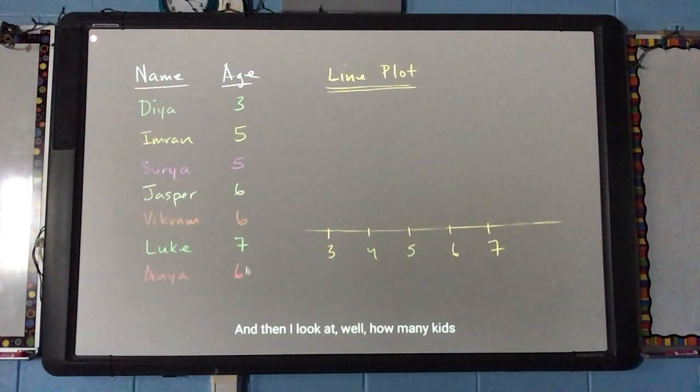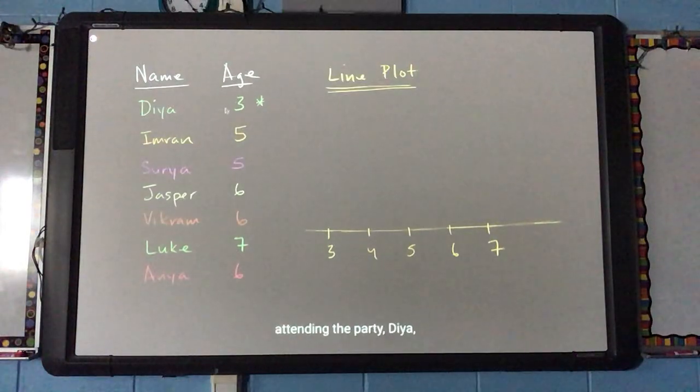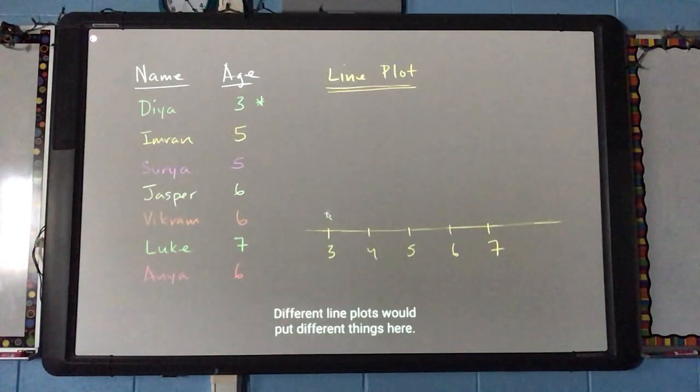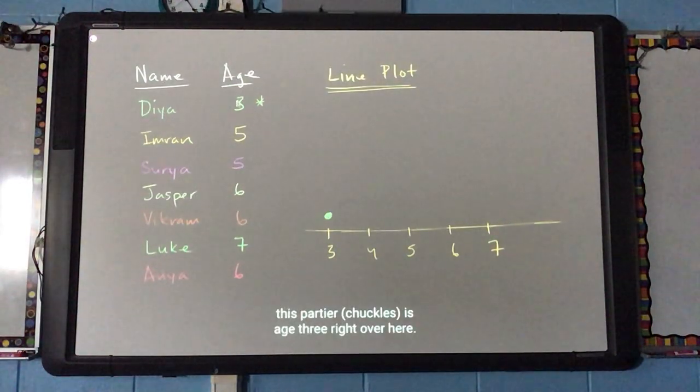And then I look at, well, how many kids do I have of each age? Well, I have one person attending the party, Dia. She's age 3. So I might put an X here, or I could put a dot here. Different line plots would put different things here. But that shows me that I have this partier is age 3 right over here.